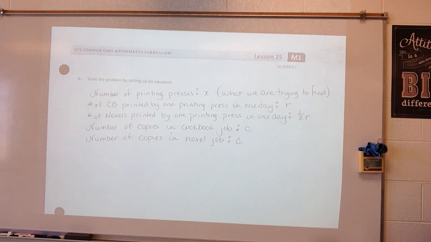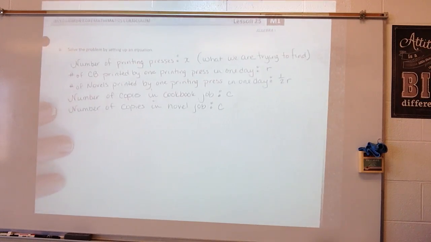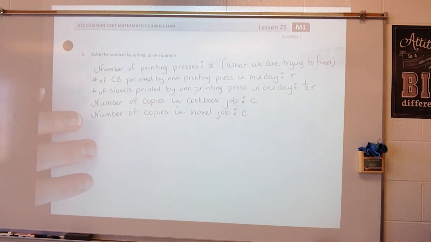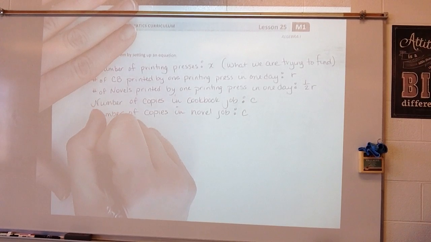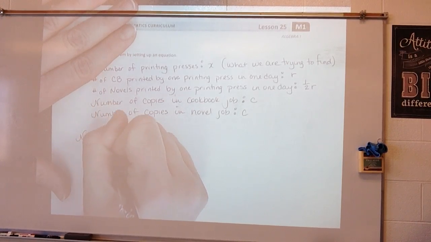Now let's think about the important expressions that we need to write down using this information. Let's deal with novels first.